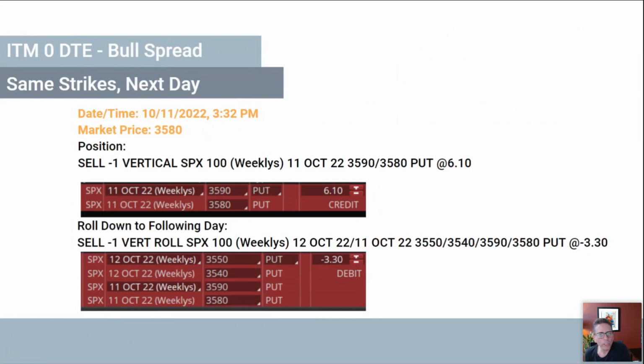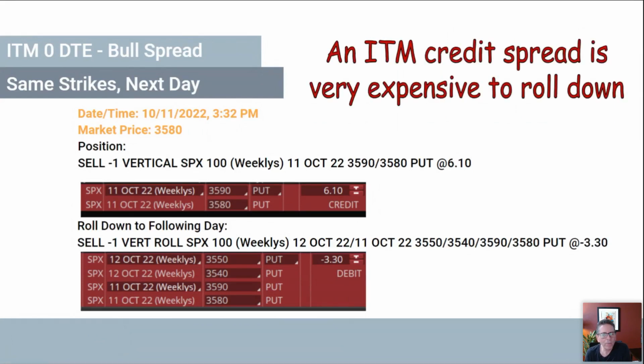So this one gives you a $3.30 debit, and then you're behind the time here. So it's not fun when you get there. Hopefully, I am scaring you to tell you to always, if you're going to roll a trade, do it out of the money.